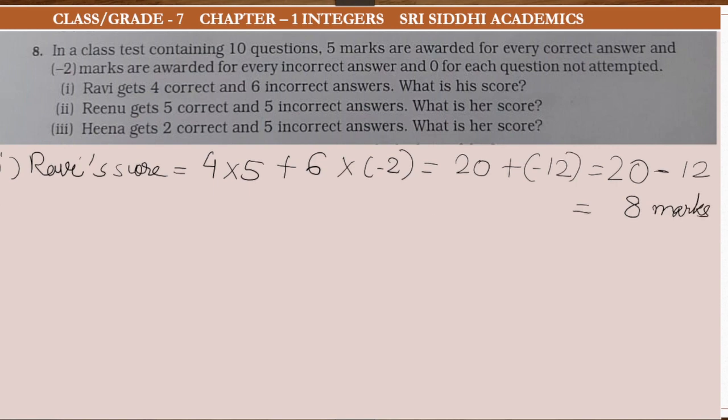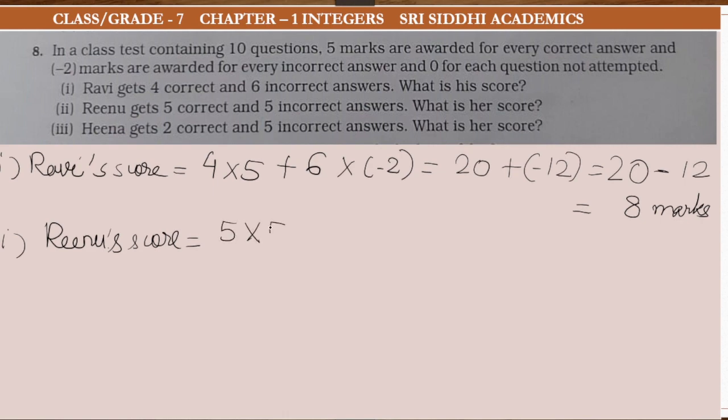Now let's solve and check out Renu's score. Renu gets 5 correct and 5 incorrect answers. What is her score? So Renu's score will be equal to 5 into 5.